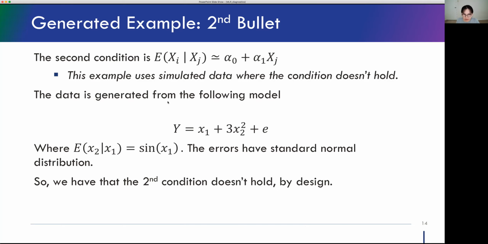I generated data by this relation, where the expectation of x2 given x1 is the sine of x1, and the error has a standard normal distribution. So in this case, this is clearly saying this condition is not met.